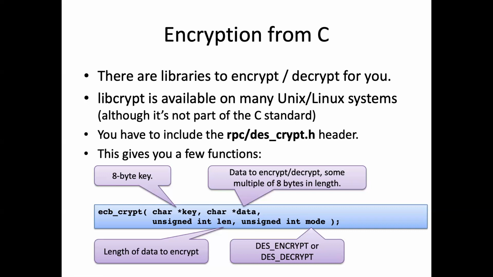That normally means adding extra bytes to the end to get it up to a multiple of 8. The reason I said an extra byte a moment ago is because of the example I picked. If it was 15 bytes of data, you're going to add one more byte so that it's 16 bytes instead. So it's a multiple of 8. So this function lets you encrypt and decrypt.